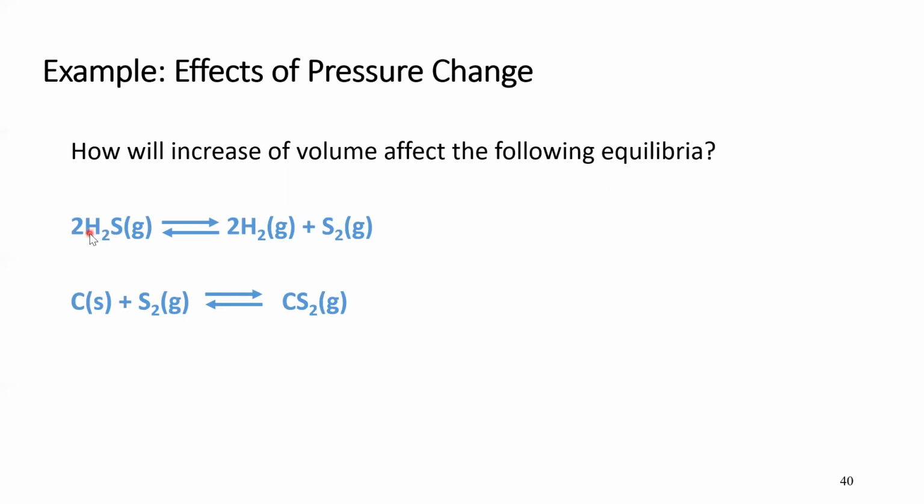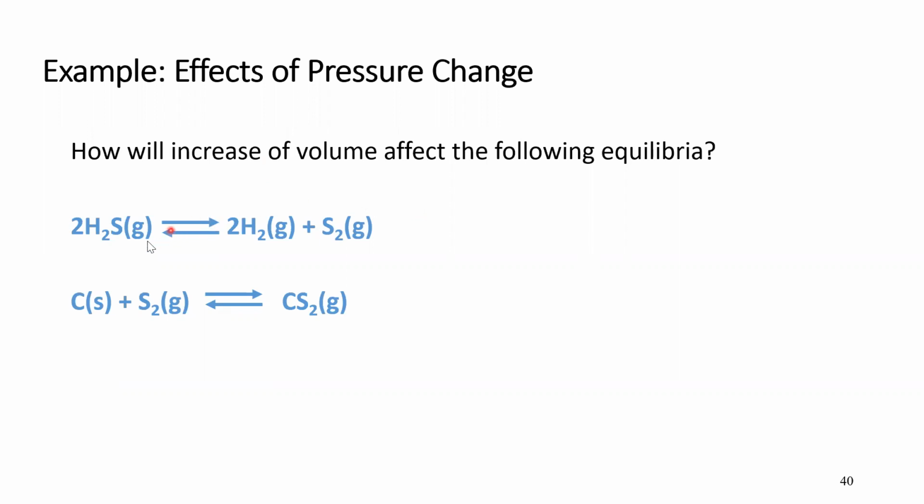We have 2 moles of gas on the reactant side. And we have 2 plus 1. We have 3 moles of gas on the product side. Increasing volume decreases pressure. The system's going to want to shift to counteract that decrease in pressure, which means the system's going to want to shift to the side which will increase the pressure.